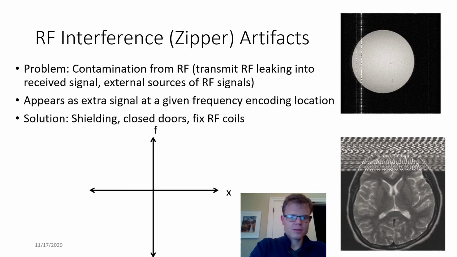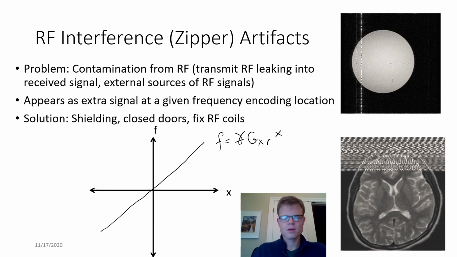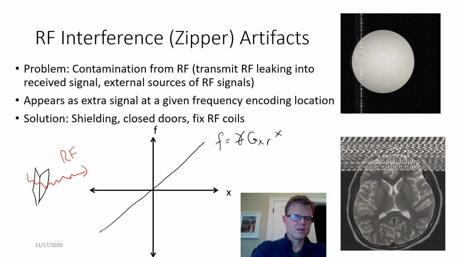So if we draw our picture of frequency encoding here, let's say, uh-oh, somebody left the door to the magnet room open, and coming from the outside world, there's a little bit of extra RF not coming from us creating it for the purpose of the experiment.